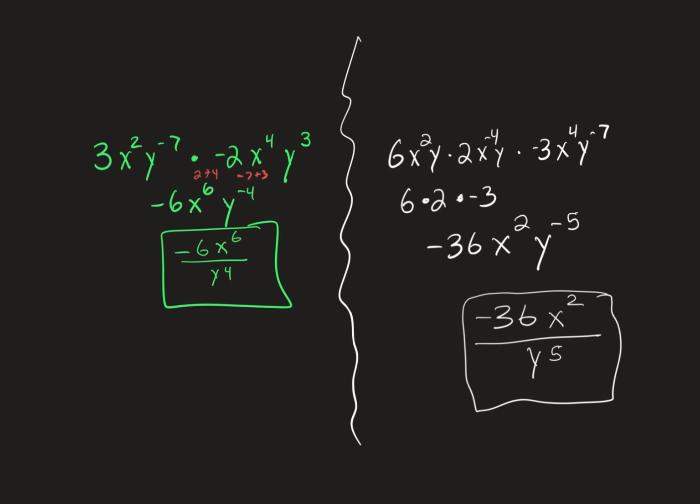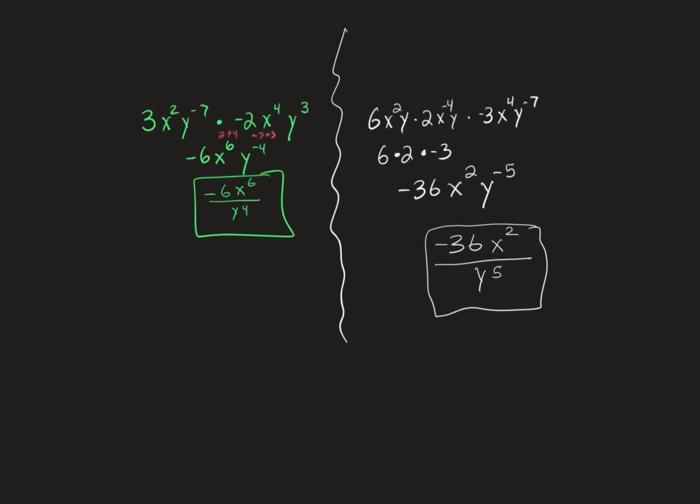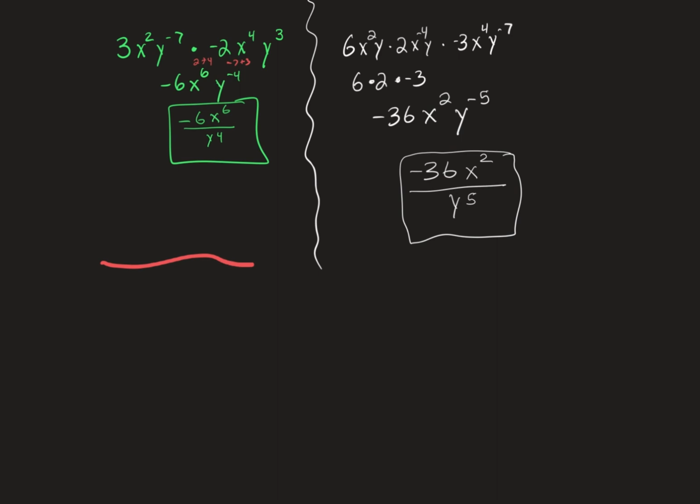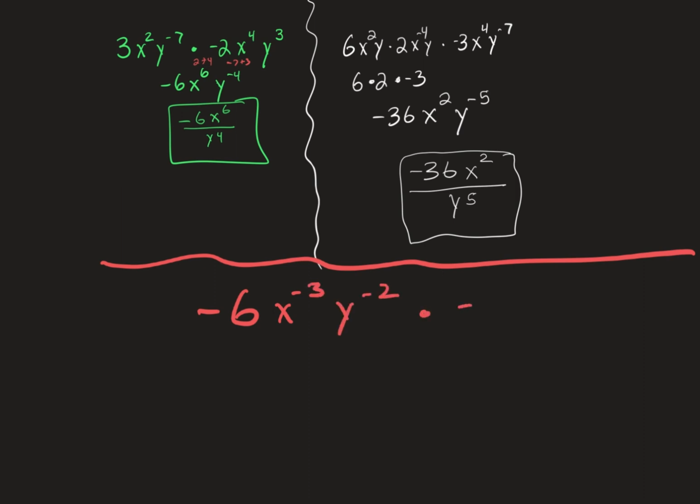Do we need to do one more? No. Let's do one more, and we'll call it good. Let's go negative 6, x to the negative third, y to the negative second, times negative 3, x to the negative 2, y.